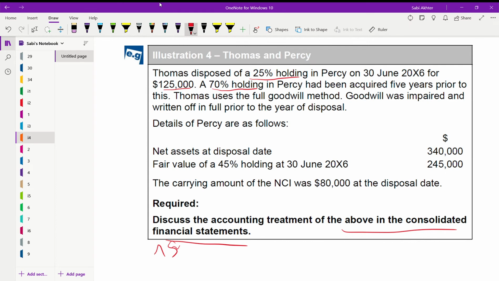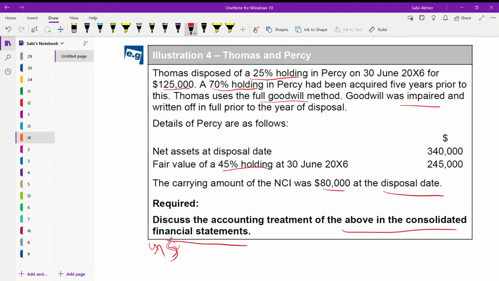That means it is no more a subsidiary after disposing 25%. It becomes an associate. It had been acquired 5 years before this. Thomas uses the full goodwill method and goodwill was impaired. Okay. Net asset at disposal date, fair value of the 45% holding, and carrying amount of NCI were given at the disposal date.